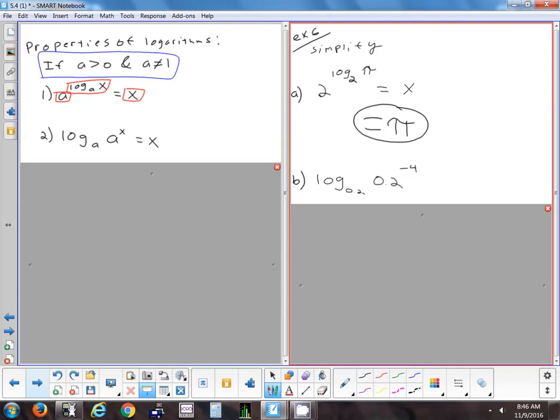Well, as long as these two numbers match, okay, what ends up happening is everything there cancels out, and the answer that you get is whatever the exponent is on the argument. So if you were to simplify example 6b, what would you get? -4. Okay, there's really not any work to do. It's just you're looking for a pattern.